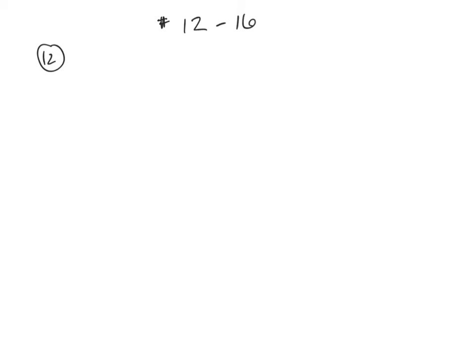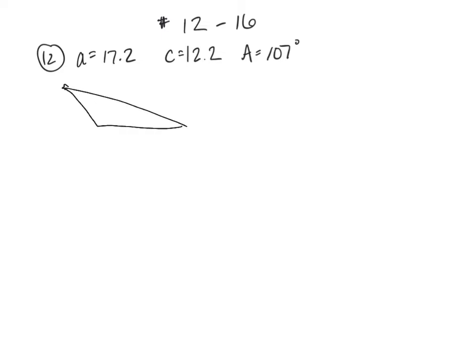Problem 12, let's do this. Problem 12 tells us that side length A is 17.2, side length C is 12.2, and angle A is 107 degrees. Let's draw this triangle. Something like that. That looks like a triangle.